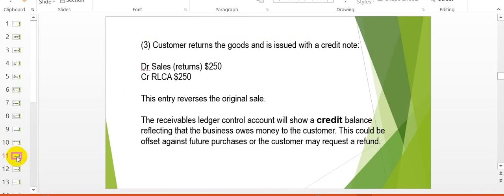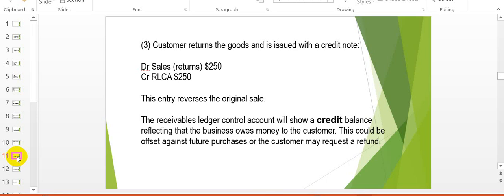So the credit note which you issue, you're going to record it in the sales returns. So if, in our earlier example, the customer returned all the goods for 250, you debit sales returns with 250 and you credit the receivable ledger control account 250.